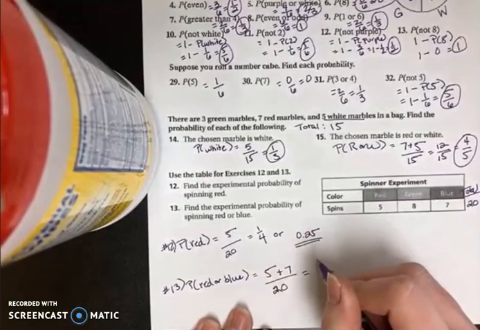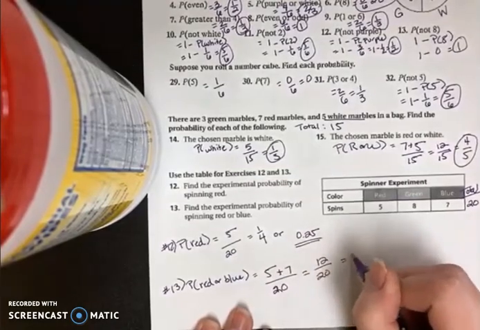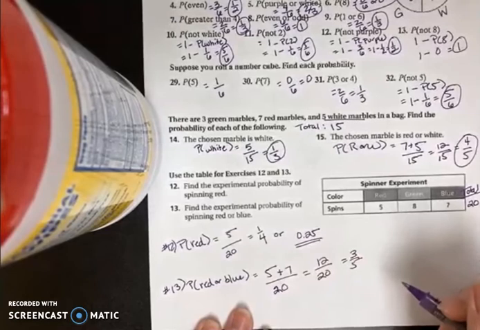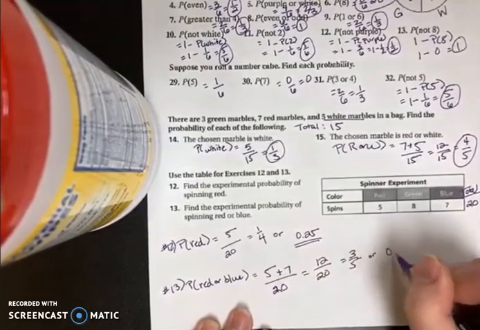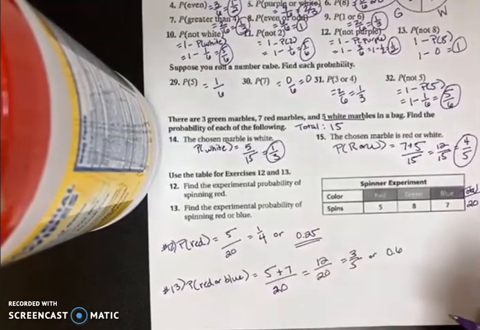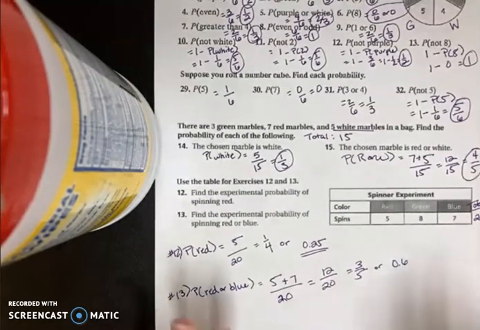So that would give me 12 over 20, which simplifies to 3/5. If you wanted to see what decimal that is, that's a 0.6, which means 60% of the time it would land on a red or a blue.